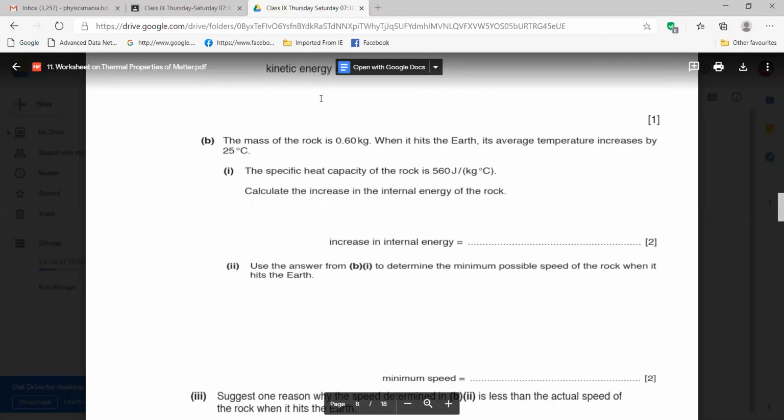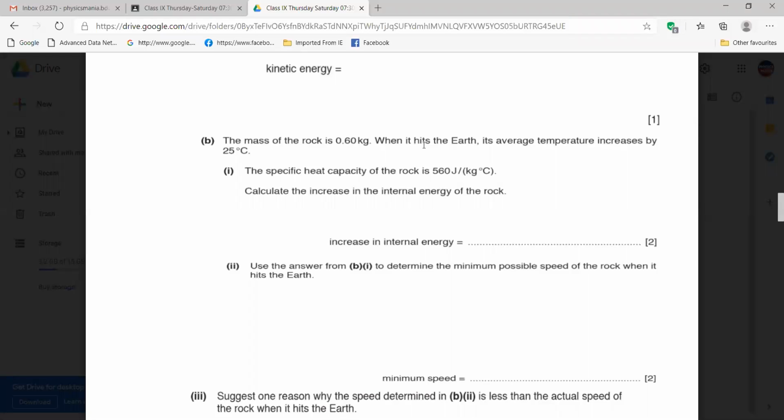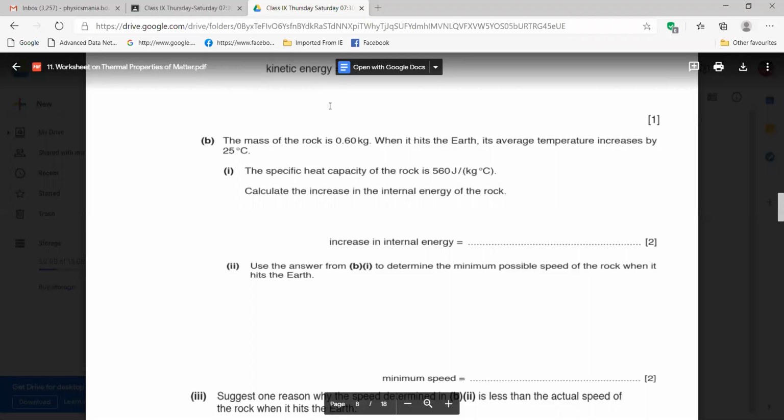When the rock hits the earth, heat energy is produced, right? Yes, sir.